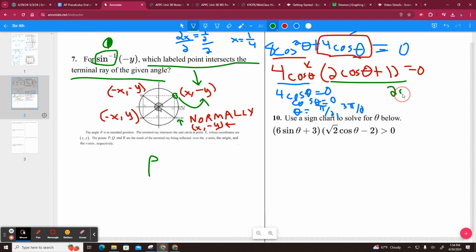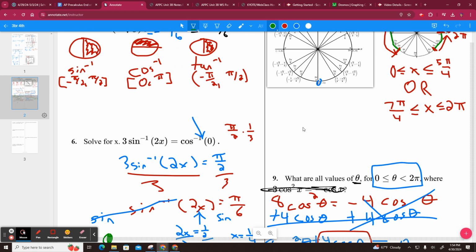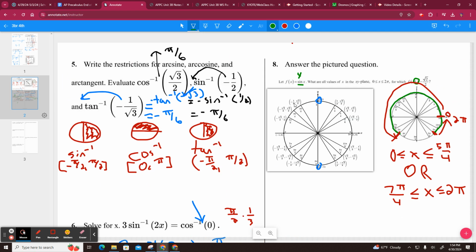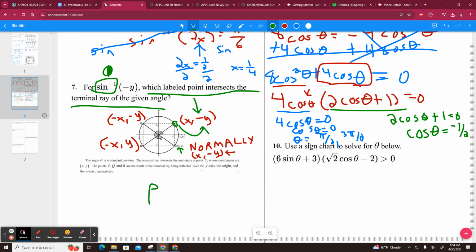And then 2 cosine theta plus 1 equals 0. So to get cosine by itself, I'm going to subtract 1 from both sides and then divide by 2, which will give me cosine theta equals negative 1/2. And cosine is negative 1/2 at 2 pi over 3 and 4 pi over 3.